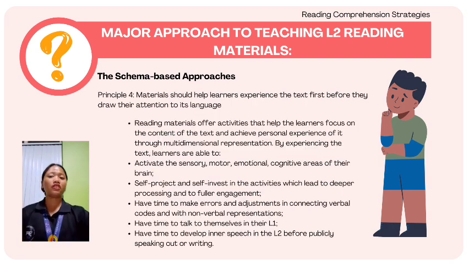Last one is the materials should help learners experience the text before focusing on language. So rather than immediately analyzing grammar and vocabulary, learners should first experience the text in a way that activates different areas of their brain, for example, sensory, motor, emotional, and cognitive.